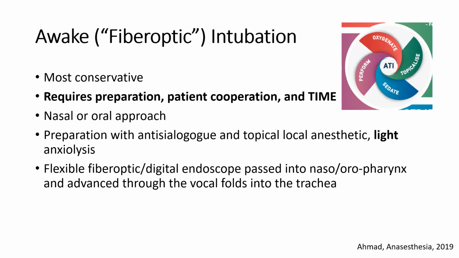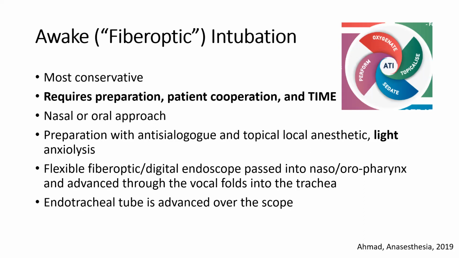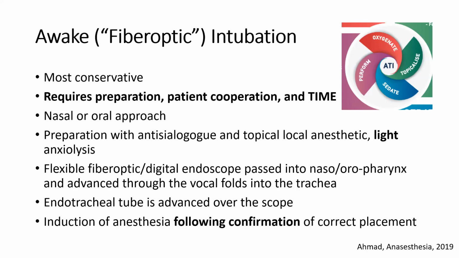And then we use a flexible scope, which is a digital endoscope, and we can pass it into the nasal cavity or into the oral cavity. We advance it all the way through the glottic opening, through the vocal cords, and down into the trachea. And then when that scope is there, we pass the endotracheal tube over the scope. And then once we confirm that we're in the correct place, we induce general anesthesia.